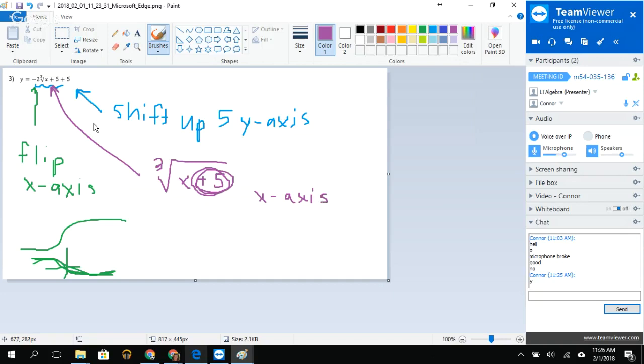And remember, this is the weird one where when you add 5 inside the function, it actually shifts it to the left. And when you subtract, it shifts it to the right. So I'm going to say we're going to shift left 5. Shift left 5.